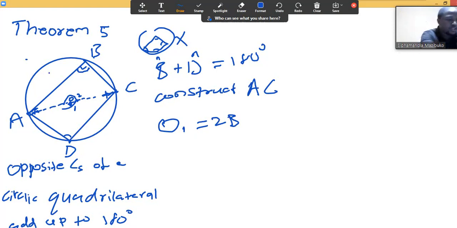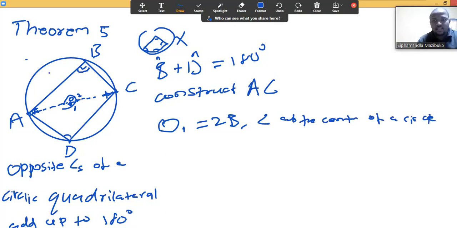The reasoning is that it's an angle at the center of a circle, so that can be our reasoning.